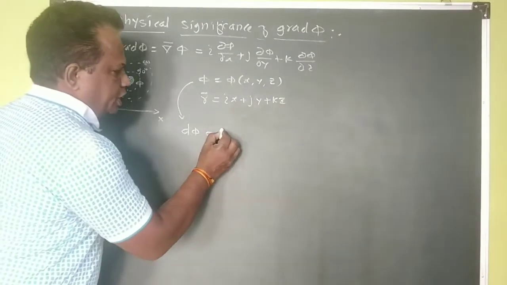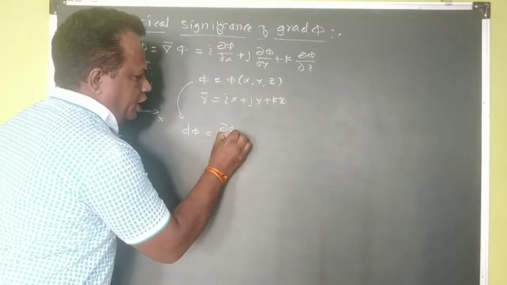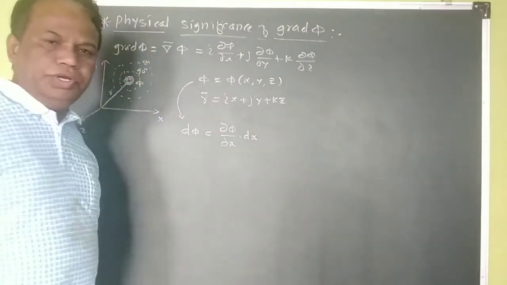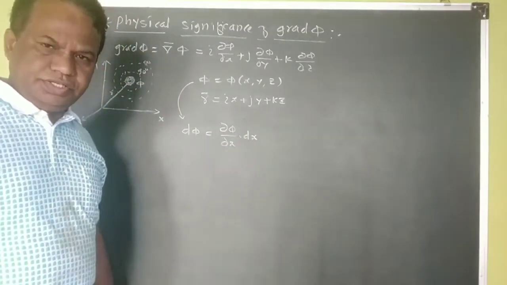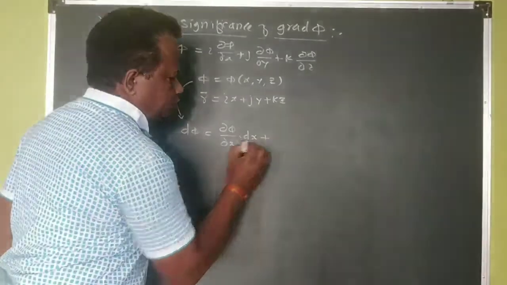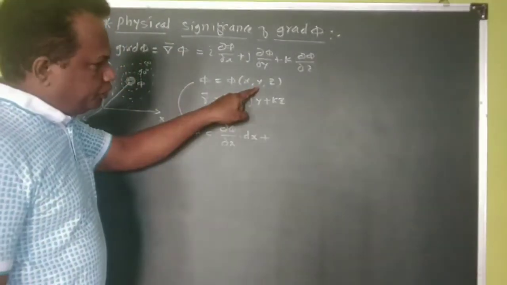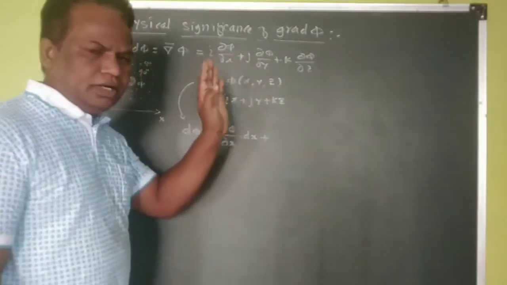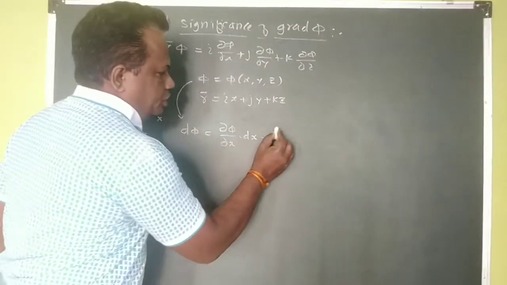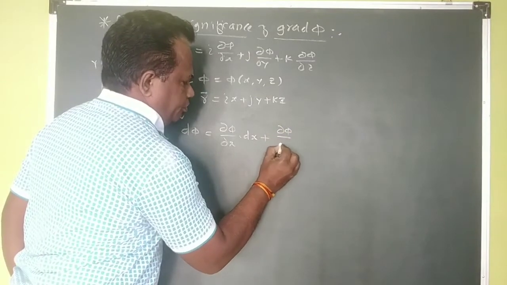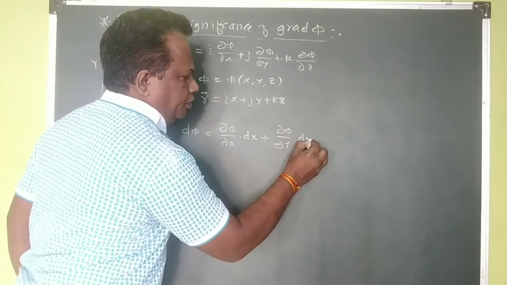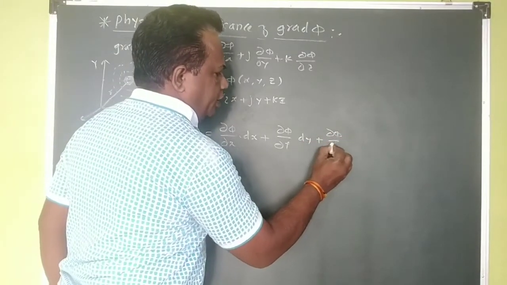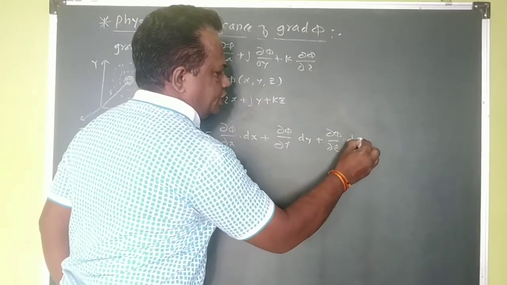So you can represent it like this: the differentiation of phi with respect to x into dx, plus the differentiation of phi with respect to y, where x and z are the other variables, so d phi by dy into dy, plus d phi by dz into dz.